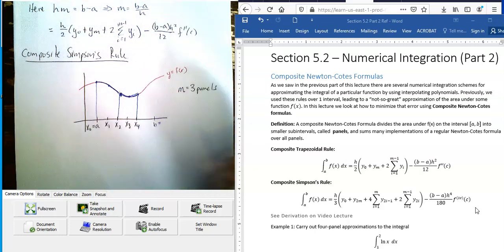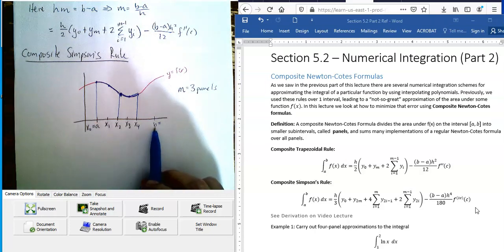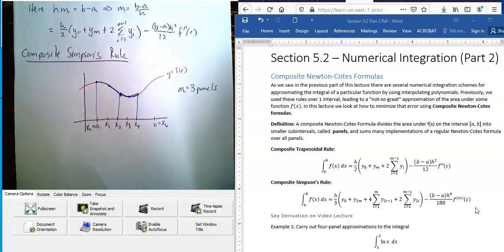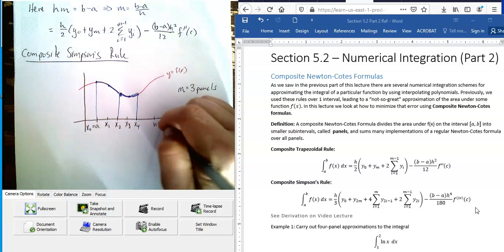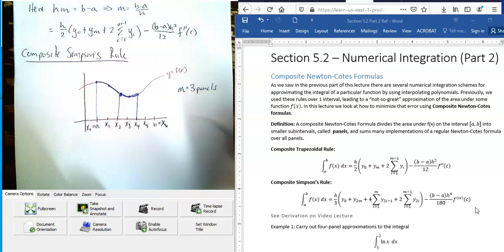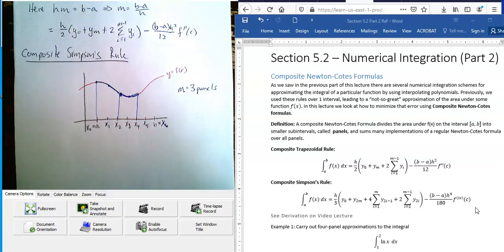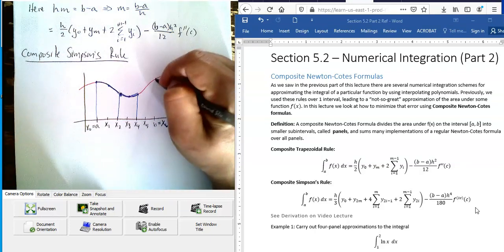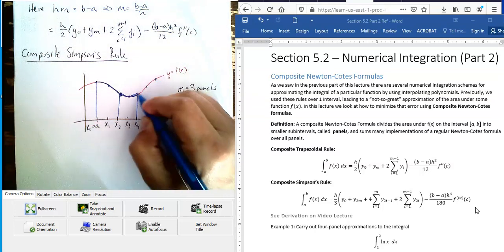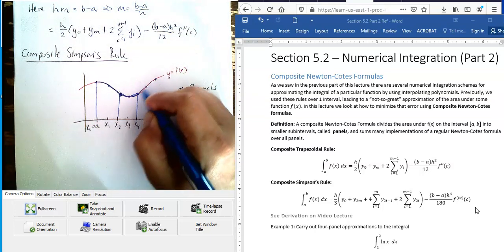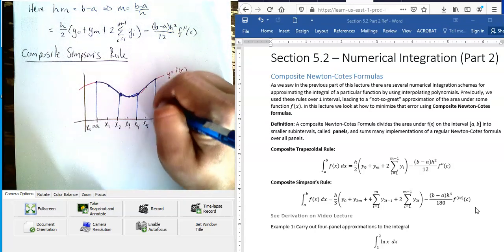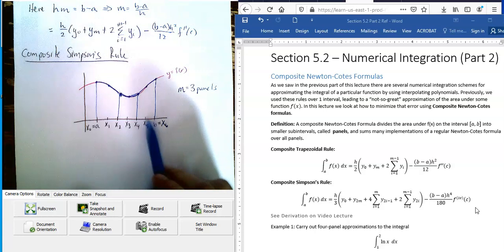If we were doing 3 panels, the last panel would end at x6, and would use x5 as another point to interpolate at. We would fit some quadratic to them and find the area under this panel.